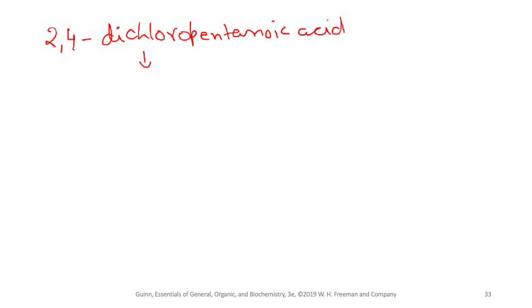And the second name is 3-ethylbenzoic acid. Then what's the structure? So let's do one by one.